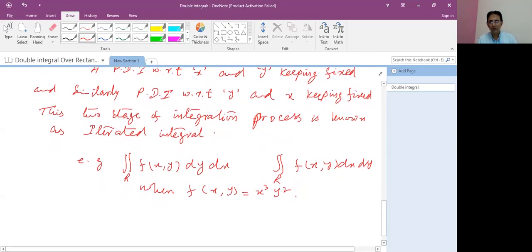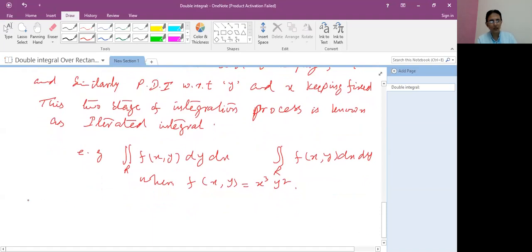So now we consider an application of iterated integral.